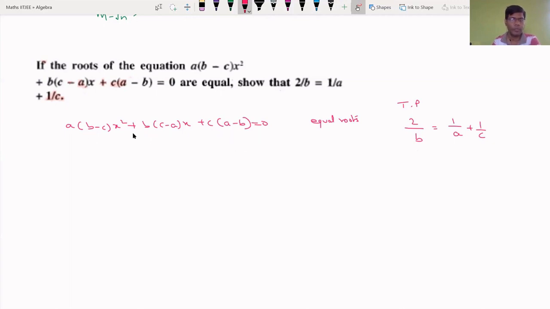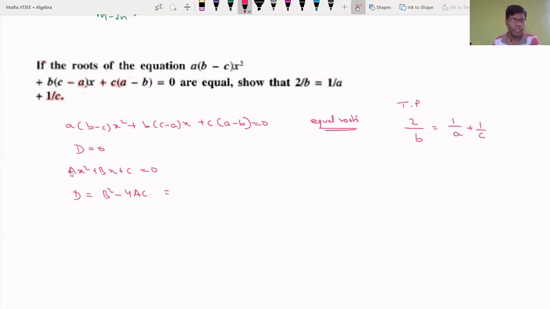So this particular equation has equal roots. So what is the condition for equal roots? My discriminant has to be 0. What is my discriminant? Here a, b, c are already used. So in case I have a quadratic equation like ax square plus bx plus c is equal to 0, then my discriminant is b square minus 4a multiplied with c.